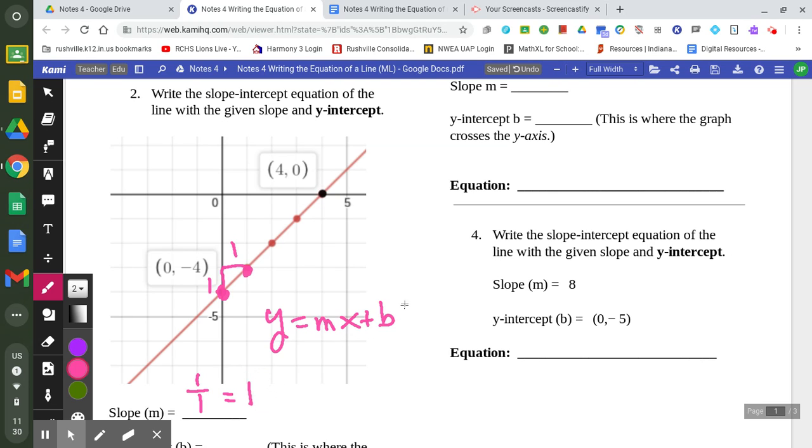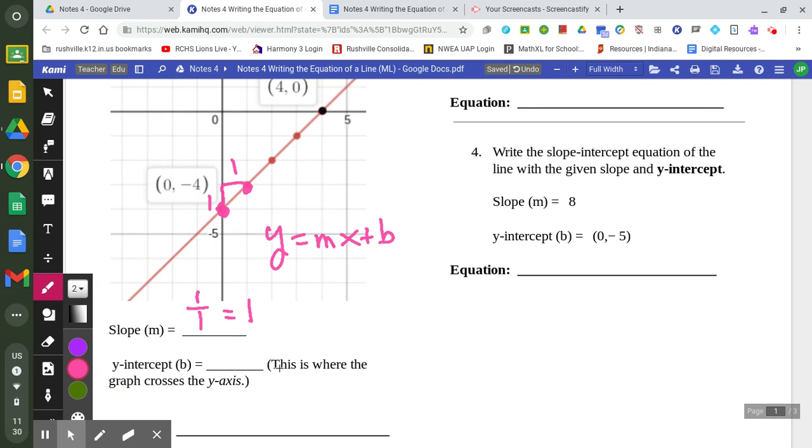And then to find the b, the y-intercept, is always where the graph crosses the y-axis. And our y-axis is right here. And so where this graph crosses the y-axis is right here. And another way I know is because a y-intercept always has the ordered pair 0 something.